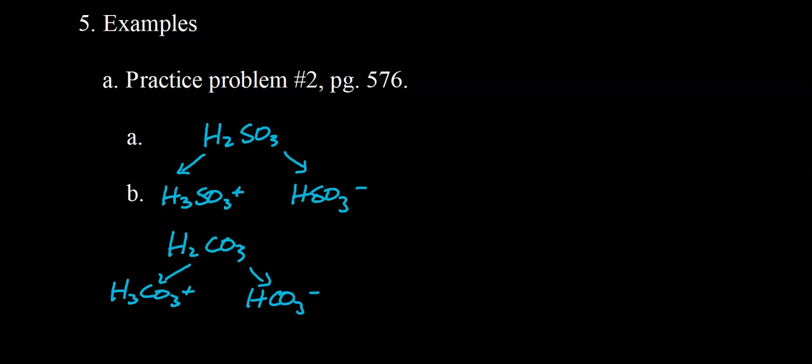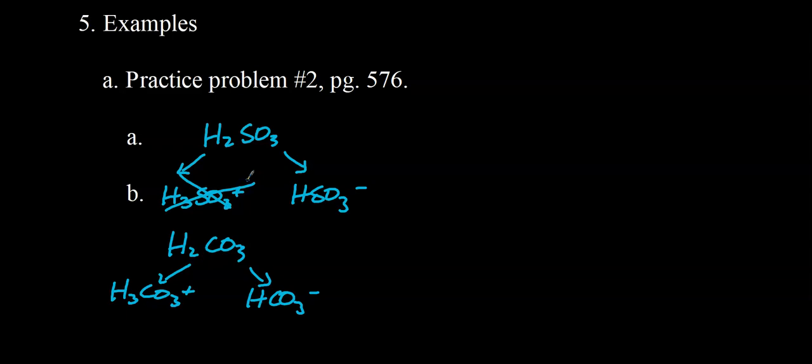All right, so conjugate pairs are substances that differ by one H plus. So I've written both: a substance that has one more versus one less H plus than, in this case, H2SO3 in letter A. So again, make sure you understand, what is a base? How does a base compare to an acid? A base has one less H plus than an acid. So the conjugate base of H2SO3 is HSO3 minus.